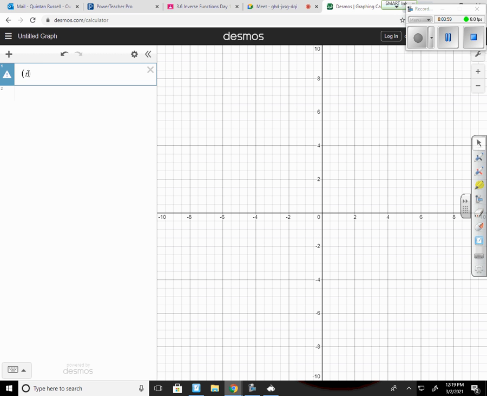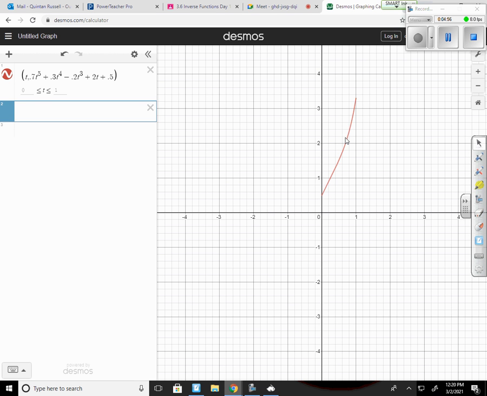You're going to do a parenthesis and t, comma, 0.7 t to the fifth plus 0.3 t to the fourth minus 0.2 t to the third plus 2t, and then plus 0.5. Okay, well that actually worked out pretty well.